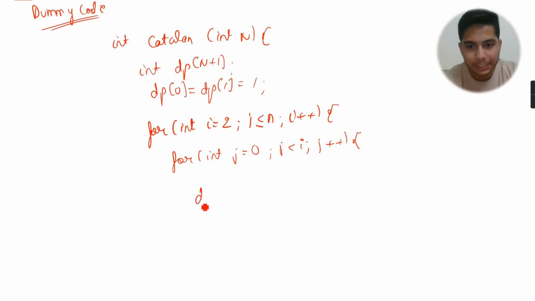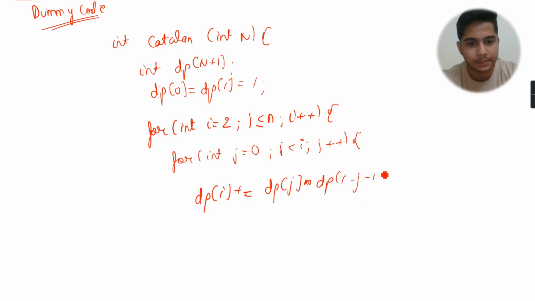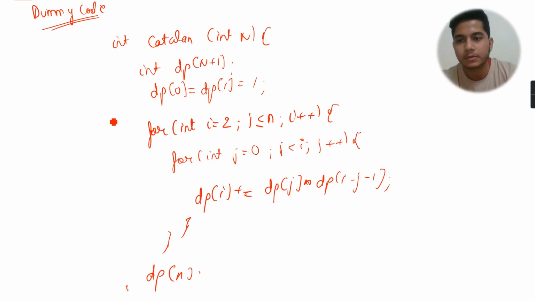What you have to do is dp of i plus equals dp of j into dp of i minus j minus 1. Won't this be the condition only? And at the end you have to return dp of n. So this is the whole code for Catalan number.